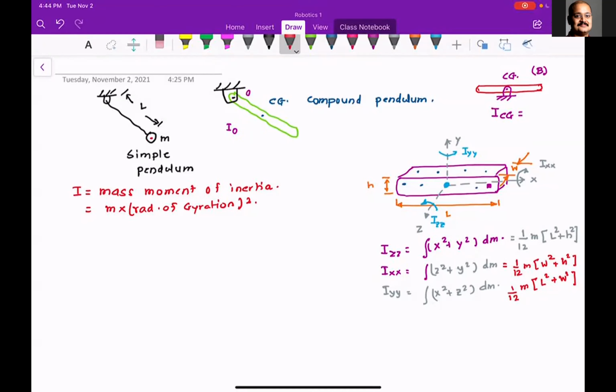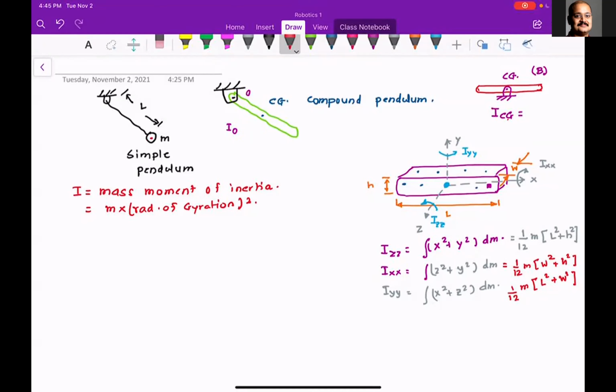But the key question from all this analysis I want you to understand is, what is the mass moment of inertia of the slender rod, shown on the right hand side, which is hinged at the CG. So it's a slender rod.